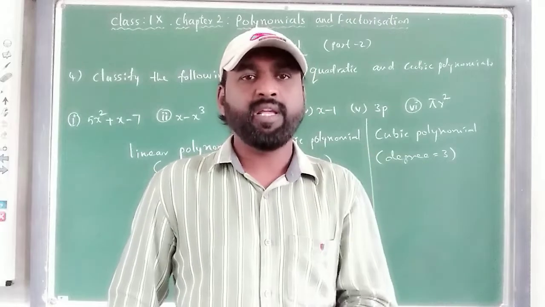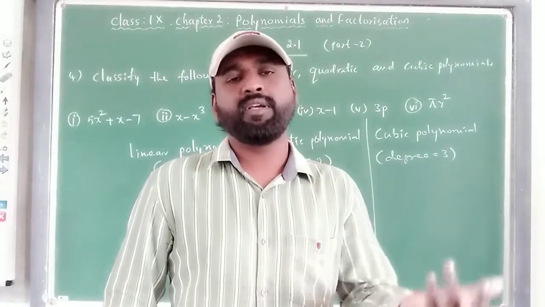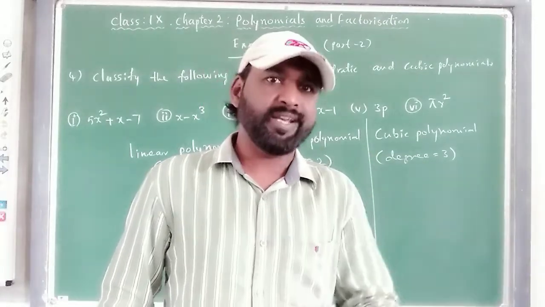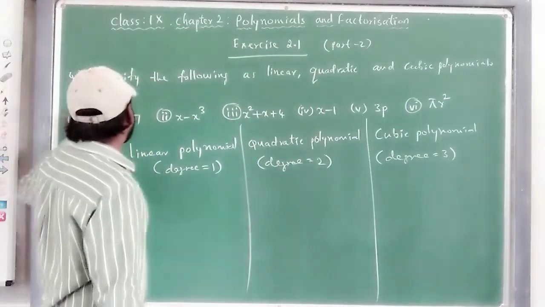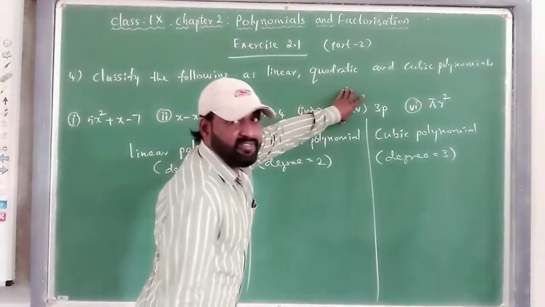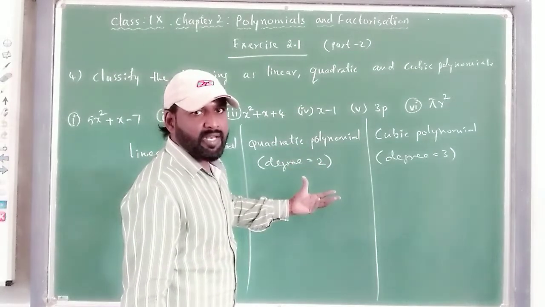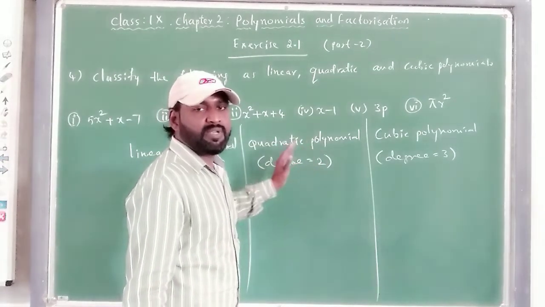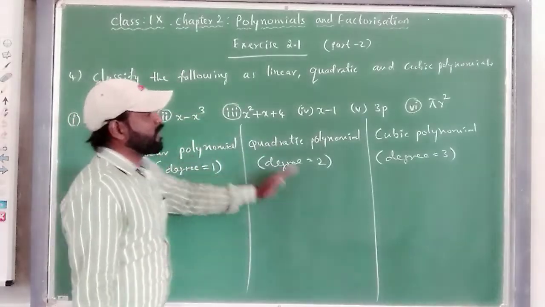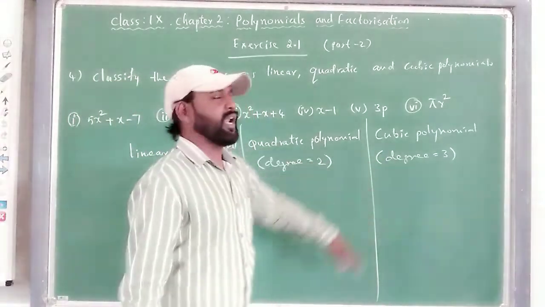Based on the degree only, we name them as linear or quadratic or cubic or any degree polynomial. So now out of these all 6 polynomials which are given in this question, let us check what are the degrees of those polynomials and which category each comes under, whether it is linear or quadratic or cubic, we have to classify them.